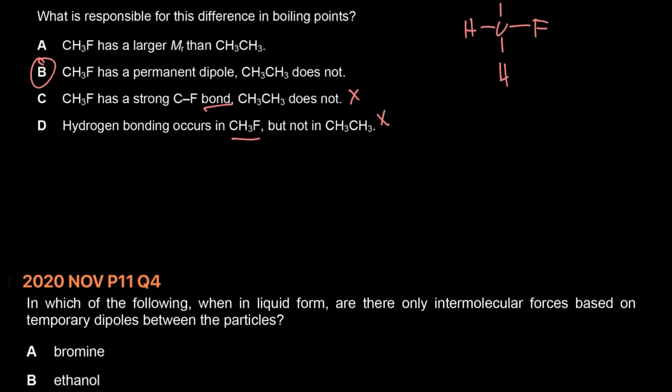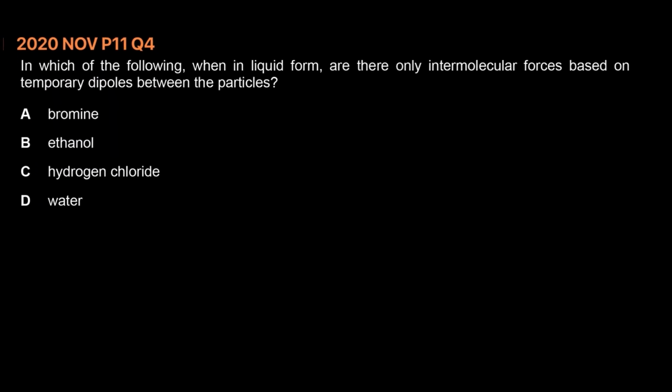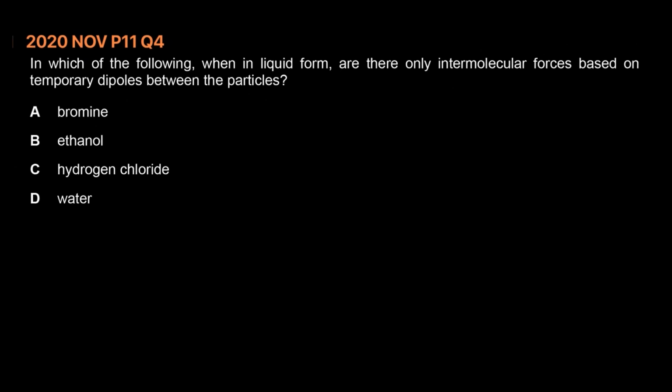All right, moving on to the next one. How about this one? Which of the following, when in liquid form, has only intermolecular forces based on temporary dipoles? Temporary dipoles meaning induced or instantaneous dipoles. So among these four, which of these four has temporary dipoles? Well, it'll be best to figure out what all of these have. Well, bromine is non-polar, while HCl is polar, ethanol is polar, water is polar.